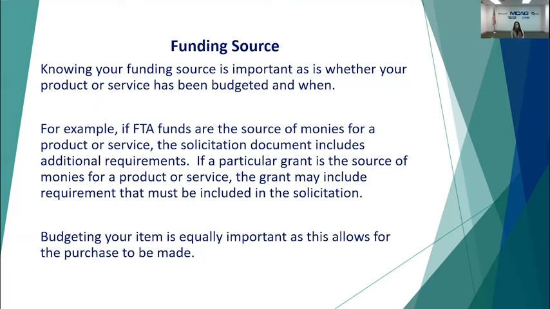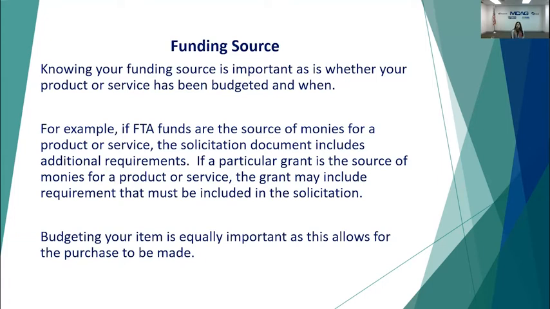An example is if Federal Transit Administration funds are the source of monies, I need to include certain additional requirements and clauses in that solicitation. If a particular grant is a source of monies, the grant may include a certain requirement that has to be released in that solicitation.